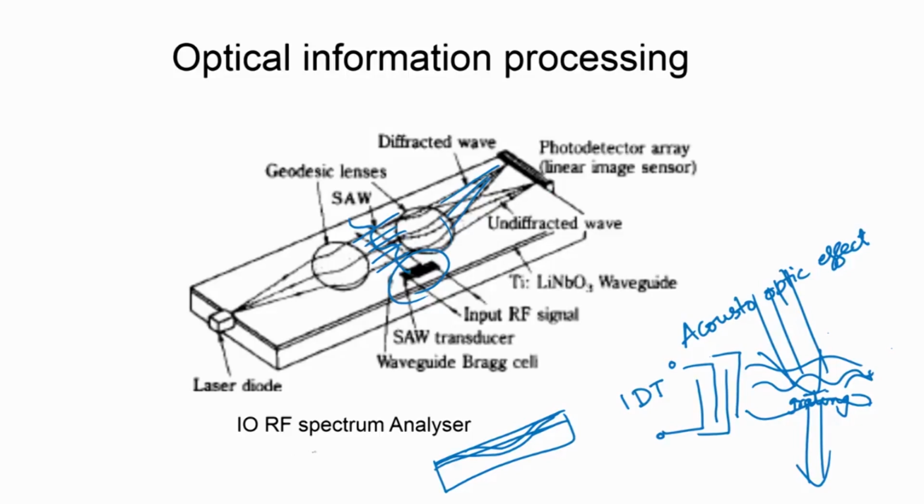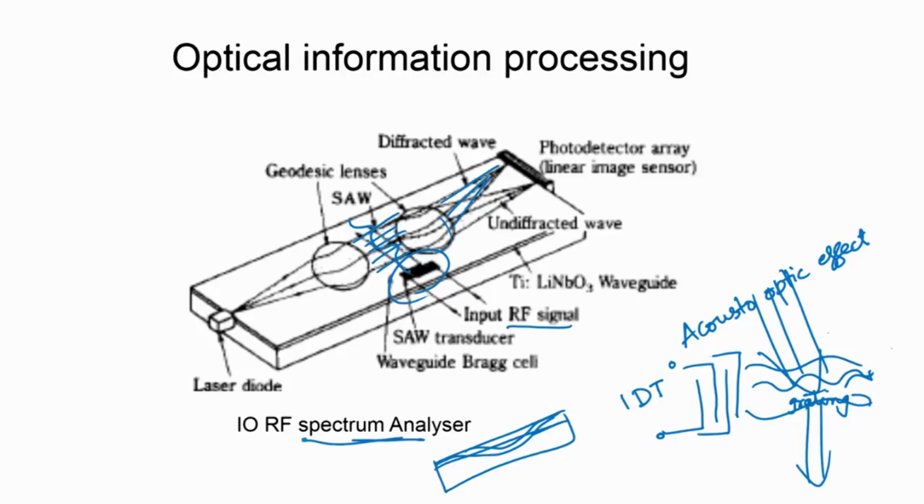I will call it an application to spectrum analysis. We have seen that the acousto-optic effect is dependent on the frequency of the RF signal; the pitch of the grating and so on are dependent on the RF signal. Let us assume in this example we use a laser diode input coupled into this chip.